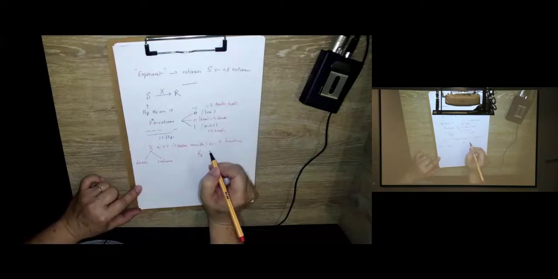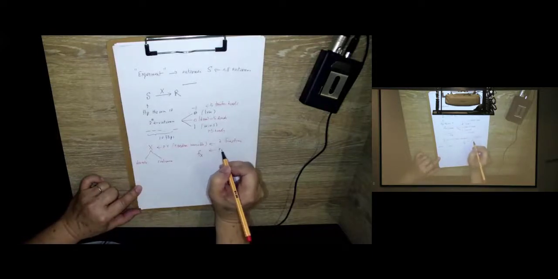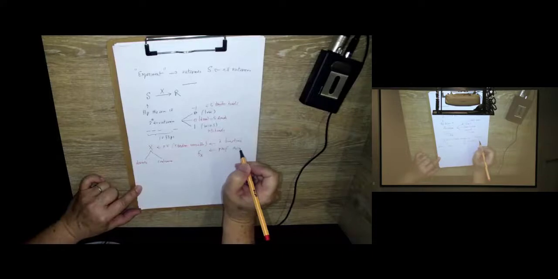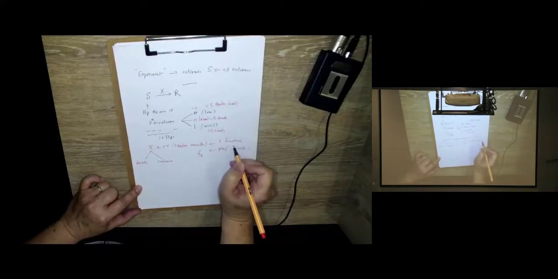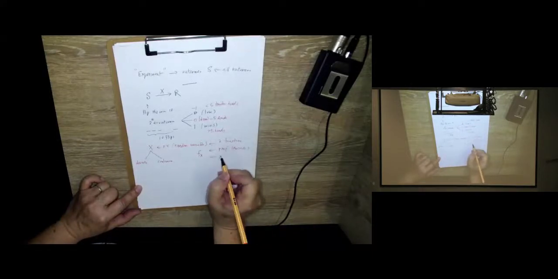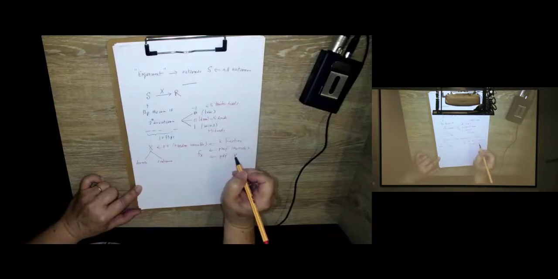In the discrete case, we call this the probability mass function, and in the continuous case, we call it the probability density function.